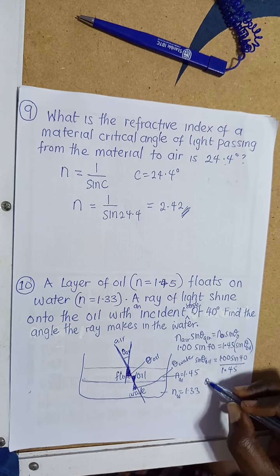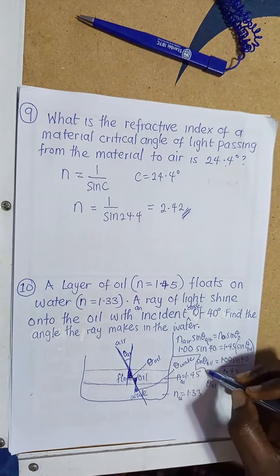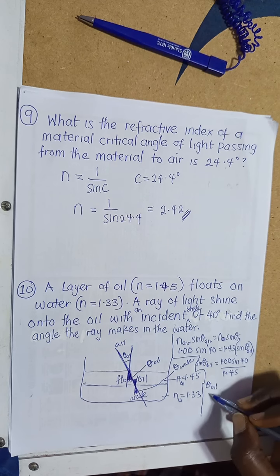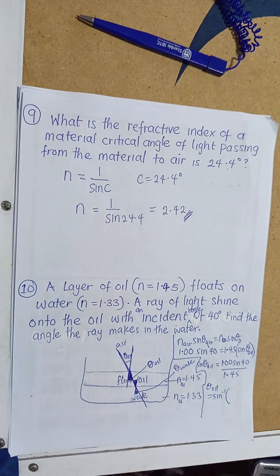So now, theta in oil will now be sine inverse of whatever we have here: 1 times sine 40 divided by 1.45.